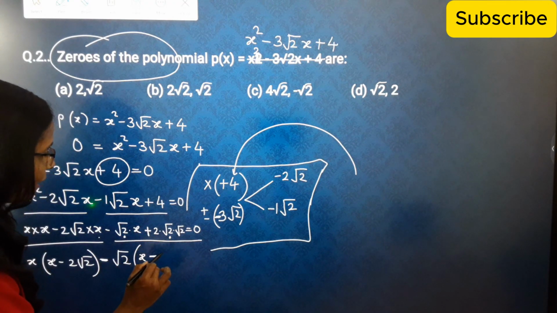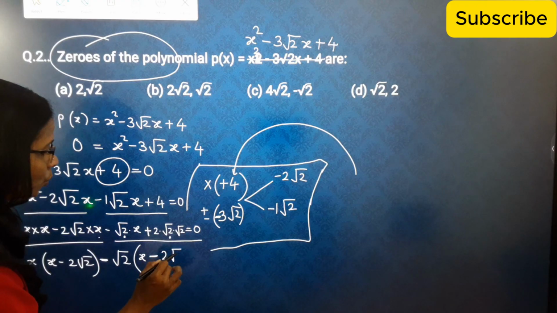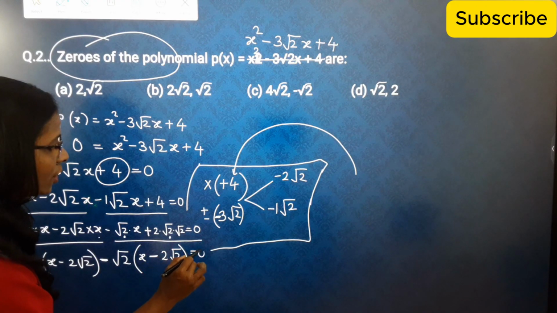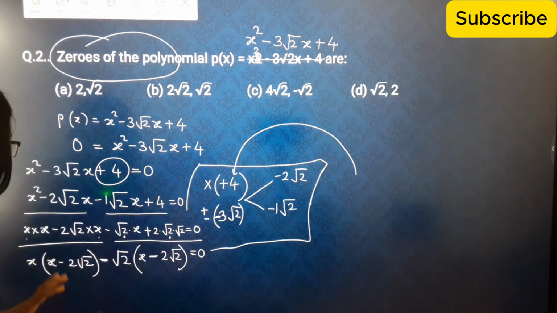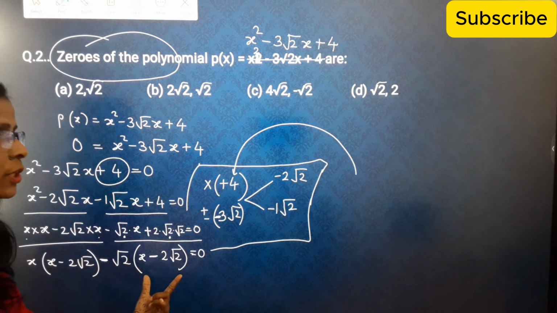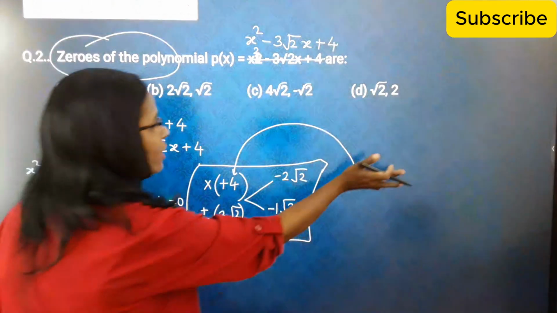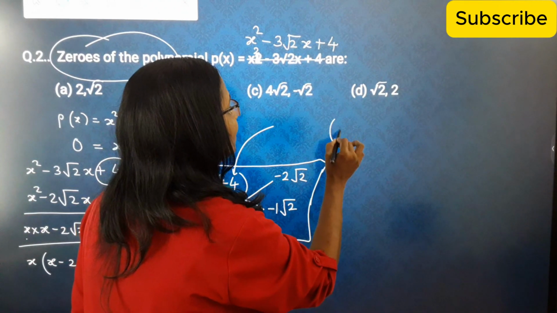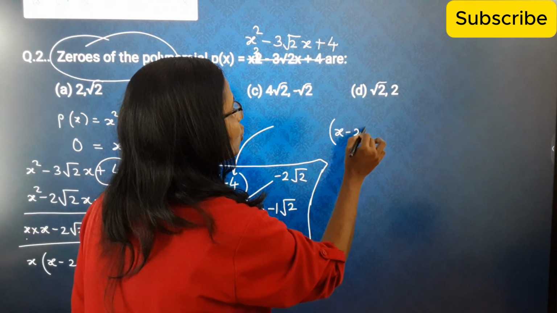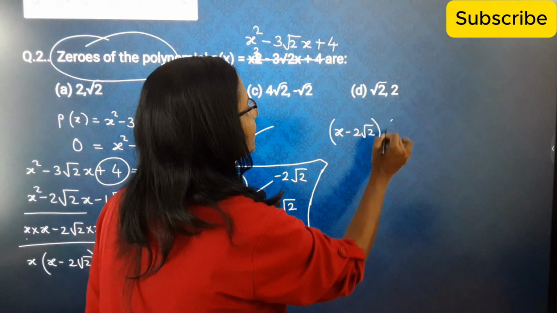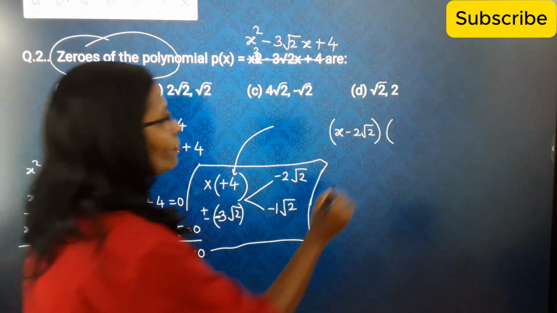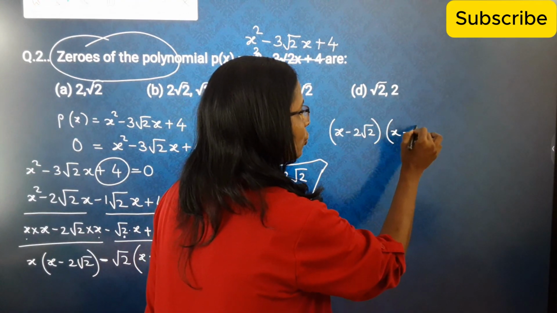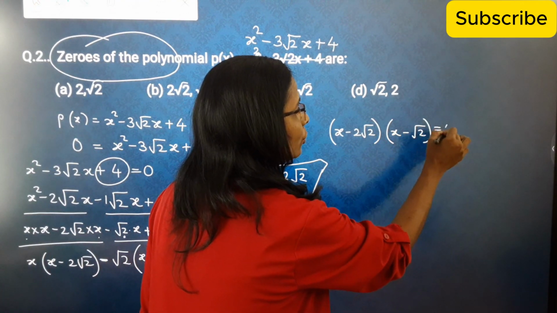So x minus 2 root 2 is equal to 0. Here we have two brackets with the same terms. So in the first bracket x minus 2 root 2, and in the second bracket x minus root 2, which is equal to 0.